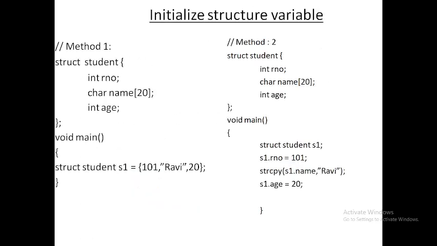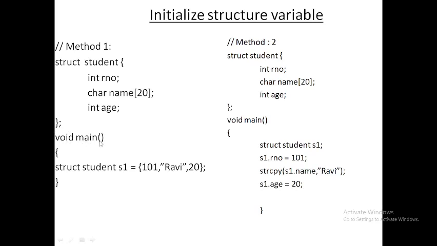Students, there are two methods to initialize a structure. Just have a look at this. The concept will be much clearer to you. Struct student. Student is the name of our structure. Struct is the keyword. Here also I am declaring roll number integer, name and age. Structure over.